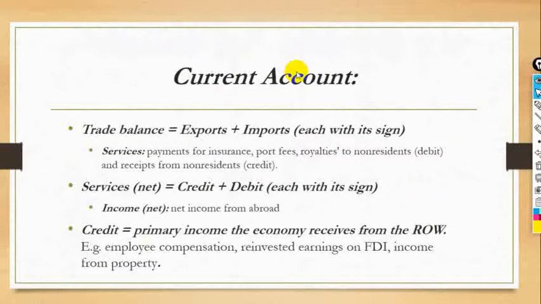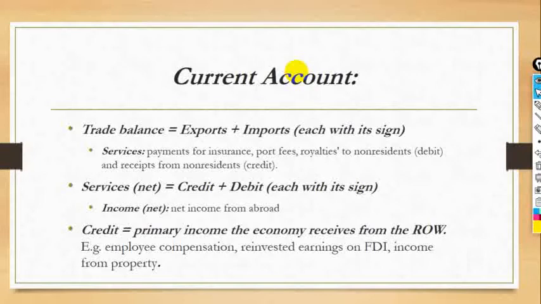Current account includes number 1, trade balance. Trade balance is related to merchandise or goods: export of goods, import of goods. So it's calculated as the summation of export and import, each one of them with its own sign.